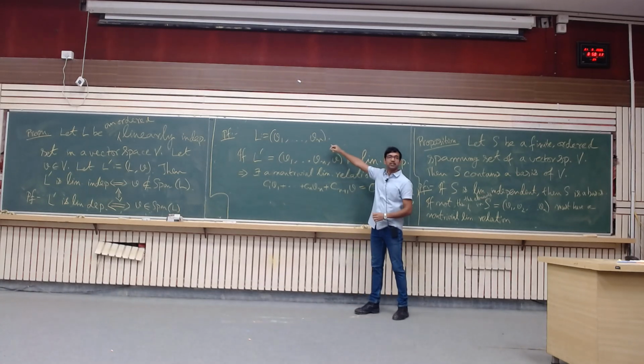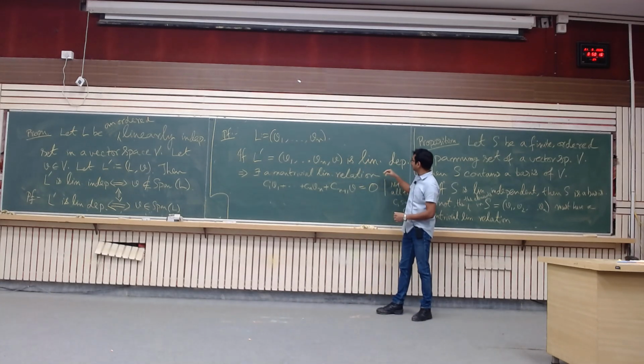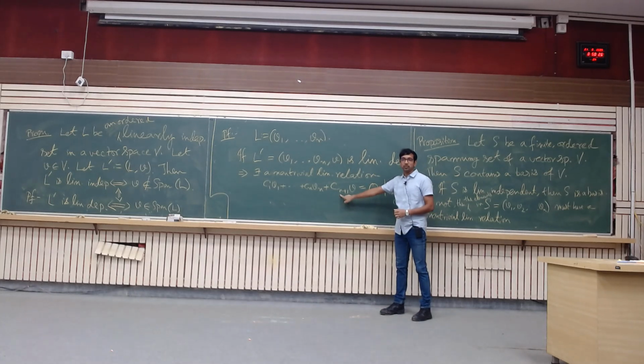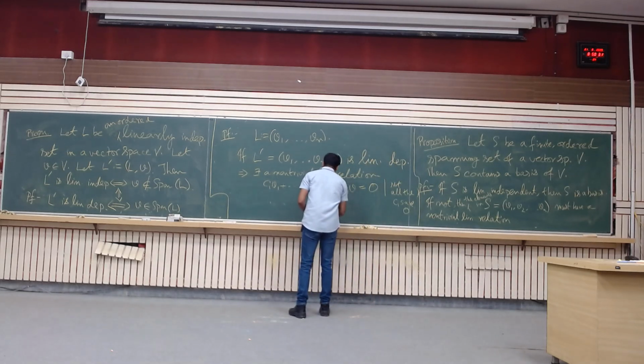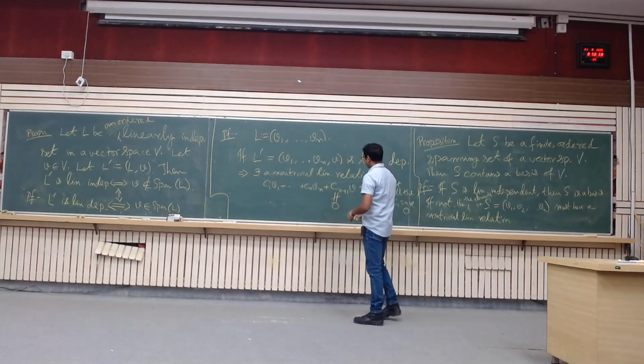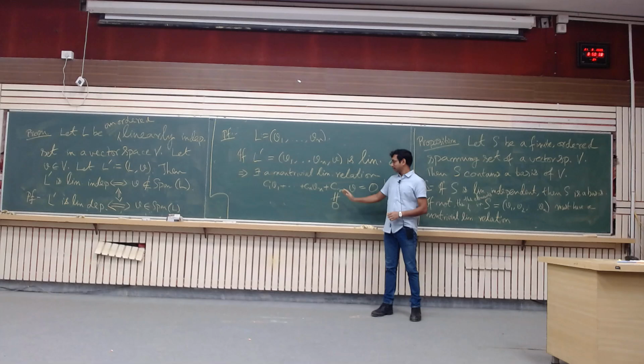But we started with the assumption that these are linearly independent. So a non-trivial linear relation, that is, if L dash is linearly dependent, implies that c n plus 1 is not equal to 0.